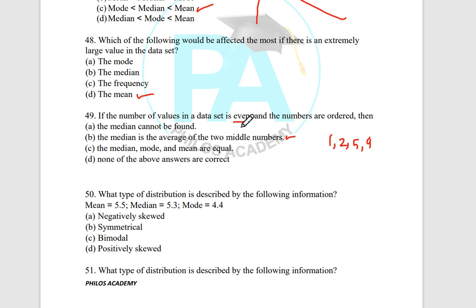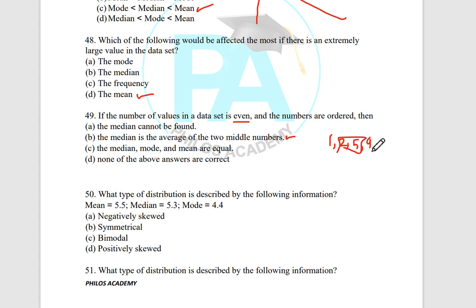So if you have a data set that's even in number, to find the median, you take the two middle numbers, add them together and divide by 2. So these are the two middle numbers.